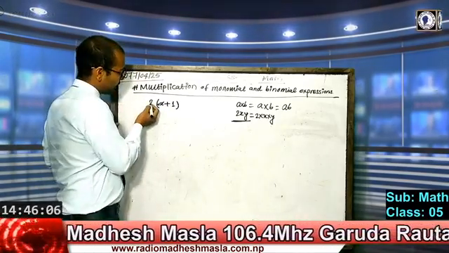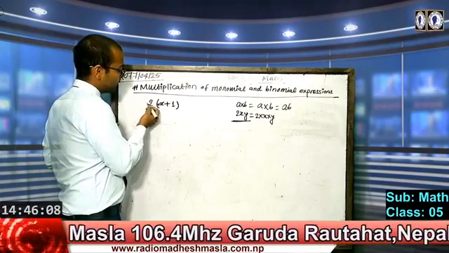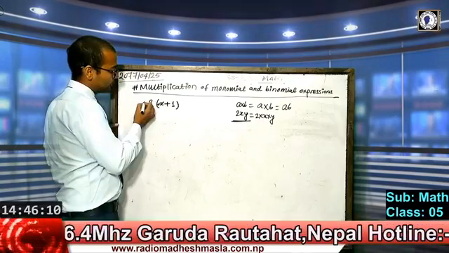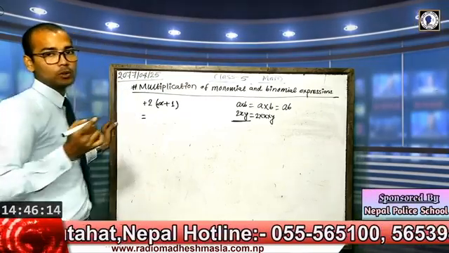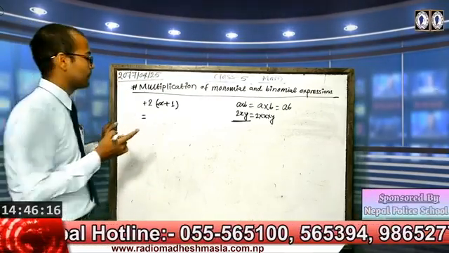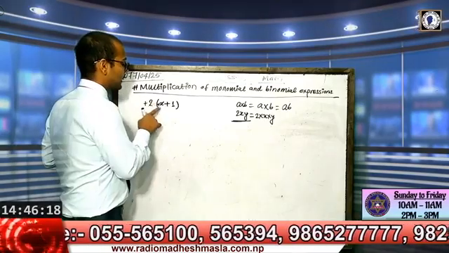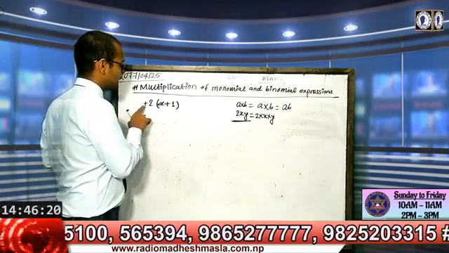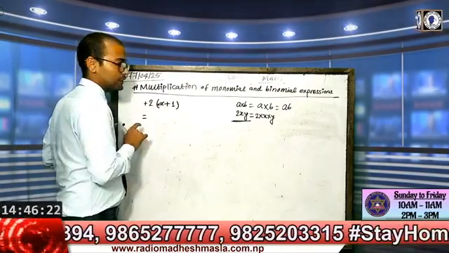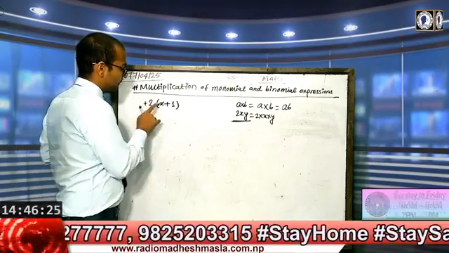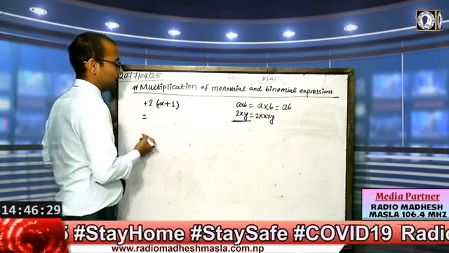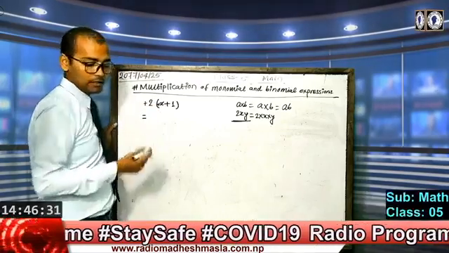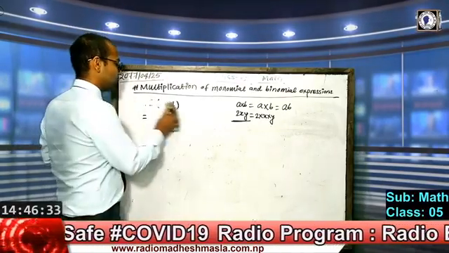Remember this, students. Also, in front of 2 there is no sign, which means it also has a plus sign. As you know the rule of multiplication, sign multiply sign: plus multiply plus, then we will get plus. Then coefficient multiply coefficient. Similarly, we can do it like this.